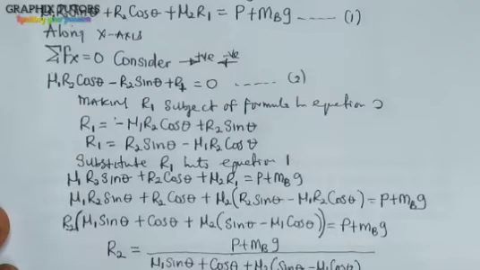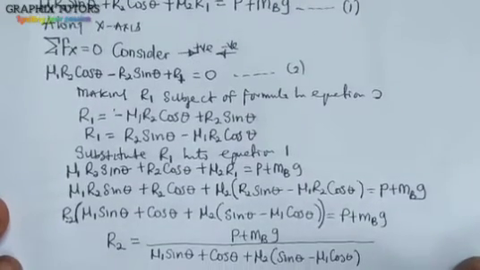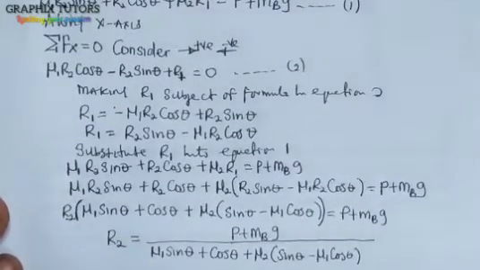We can still move forward if we want to, because in this case I can expand this so that I can bring the cos together, and I can also bring the sin together. So let's do that and see.